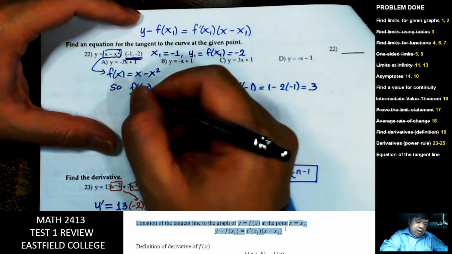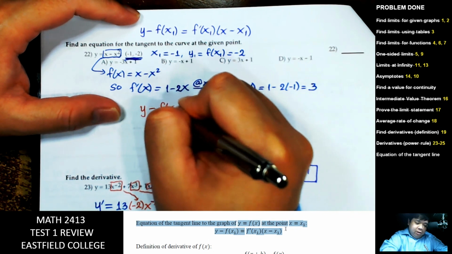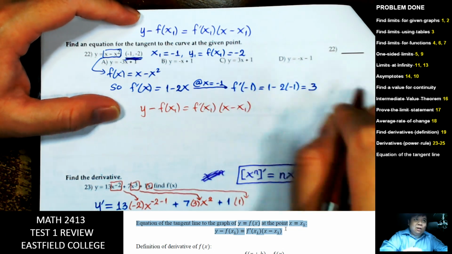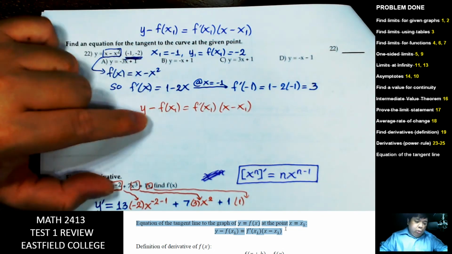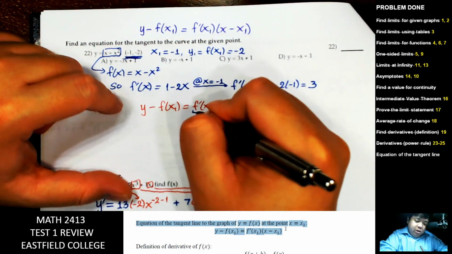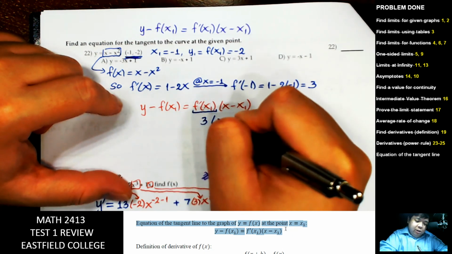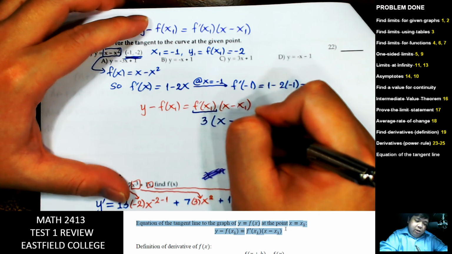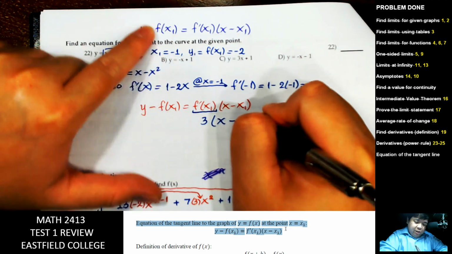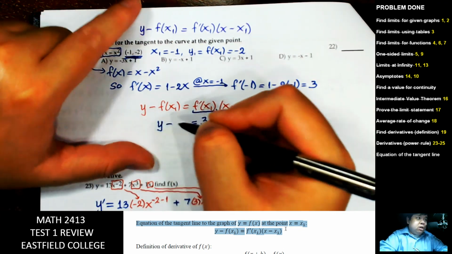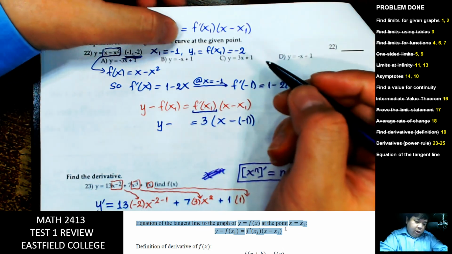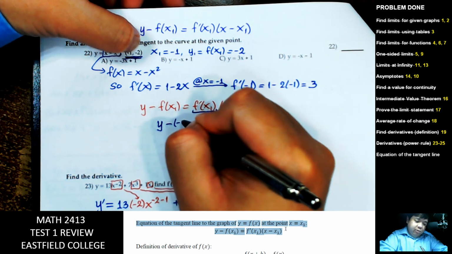And the equation of the tangent line. Now we know the point x is negative 1, derivative is 3, so this is going to be 3 times x minus negative 1, and y minus the value of the function, negative 2.